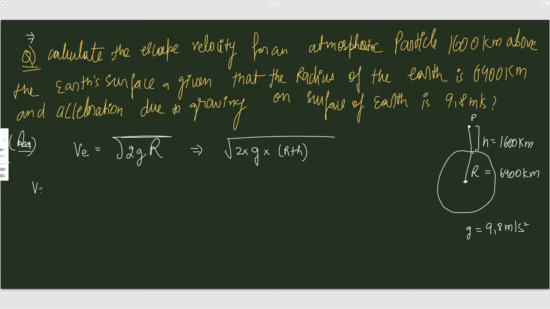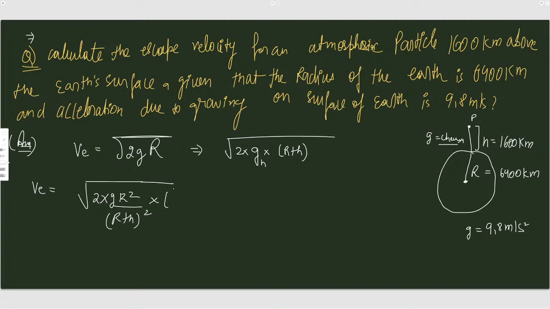So escape velocity equals the square root of 2 g R plus h. But at some height h, the acceleration due to gravity changes. So we need to put the formula of gh, which is gR squared upon R plus h whole square.